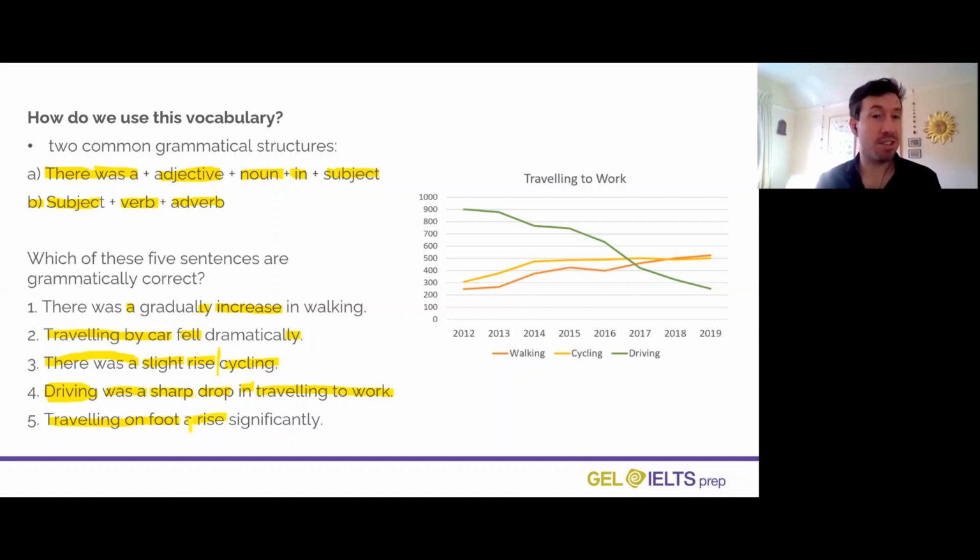So this is not correct because after the subject, we need a verb here. We've got an adverb at the end, significantly. It's got ly, so that's correct, that bit. But arise here is not correct. If we want to make that sentence correct, we'd have to say traveling on foot rose significantly. So we'd have to change arise to a verb.